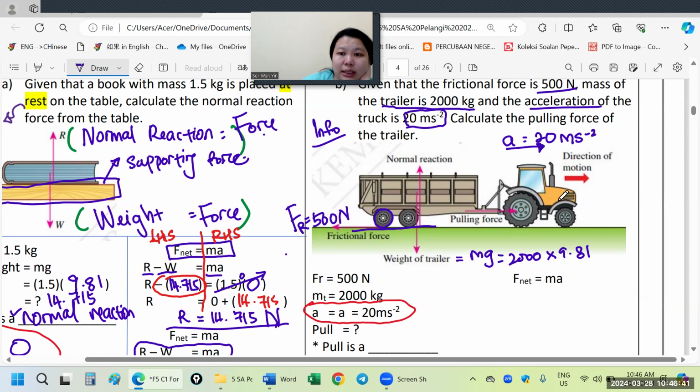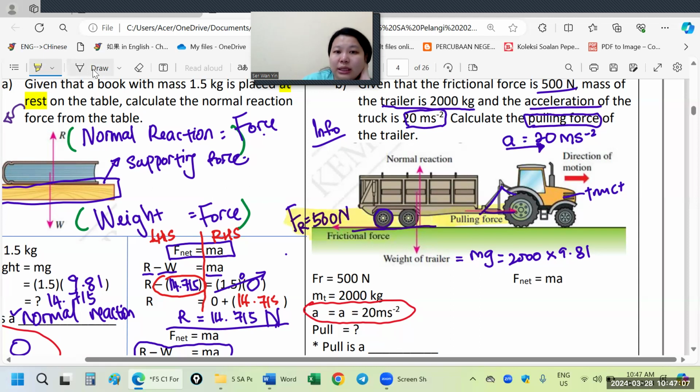So this is truck. Since the truck and the trailer connect together, they want the pulling force on the trailer. Pulling force actually is horizontal. So frictional force also horizontal.